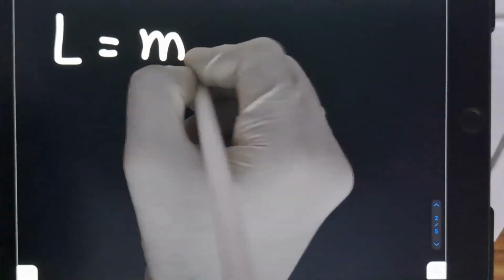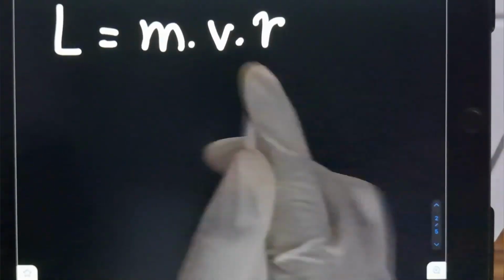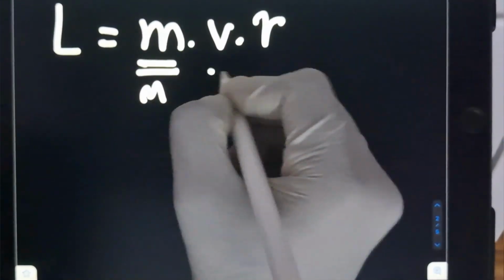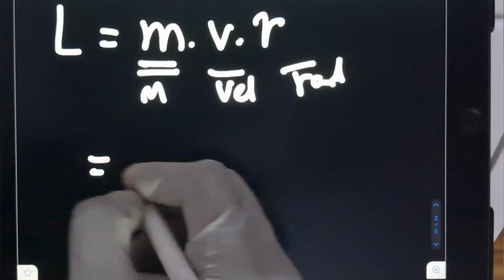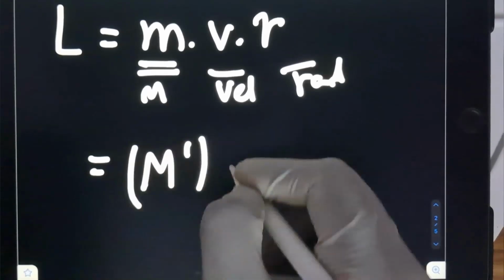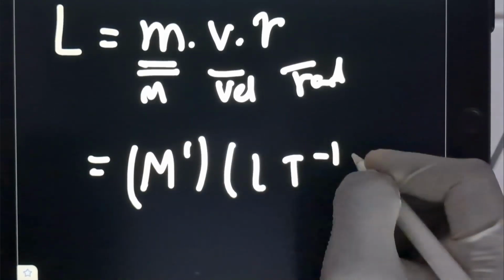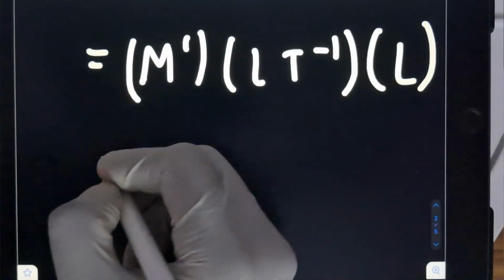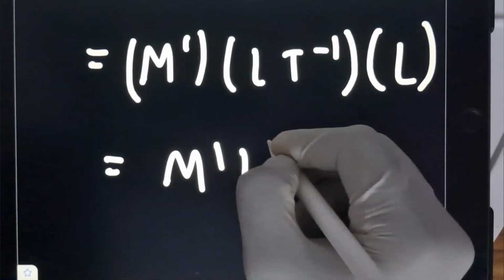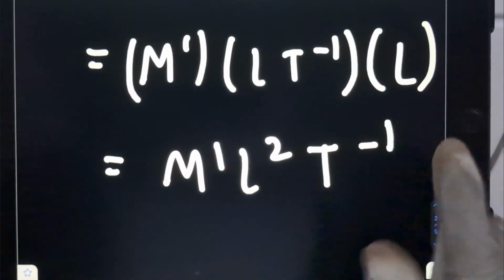Now coming to the topic, L is equal to mvr: mass M^1, velocity L^1 T^-1, radius L^1. So we get M^1 L^2 T^-1.